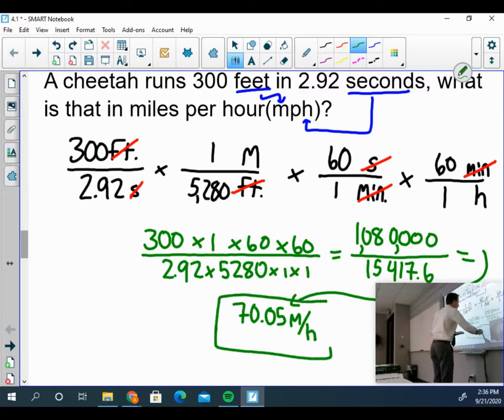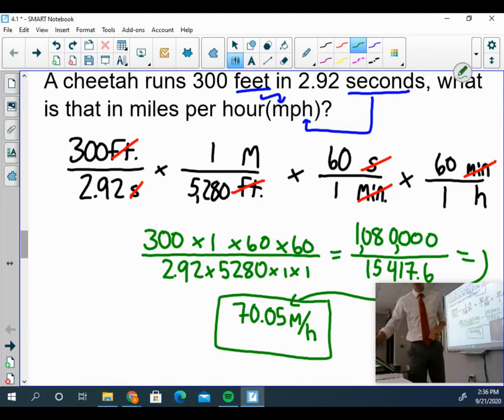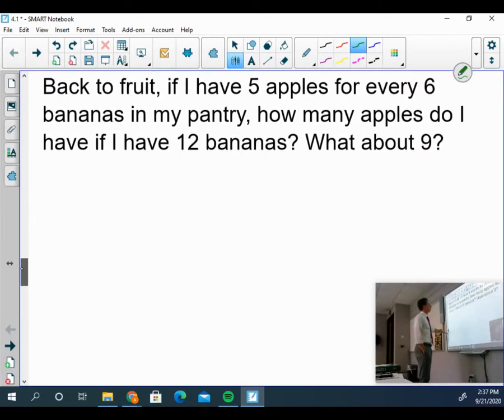So if I know a cheetah can run 300 feet in 2.92 seconds, then I can use ratio multiplication to figure out that that's equivalent to 70 miles per hour. Okay, if you are confused, this is a great chance to pause the video and email me. You will be doing a couple more examples in your homework, but let me know how I can help clarify that. Otherwise, let's move on.